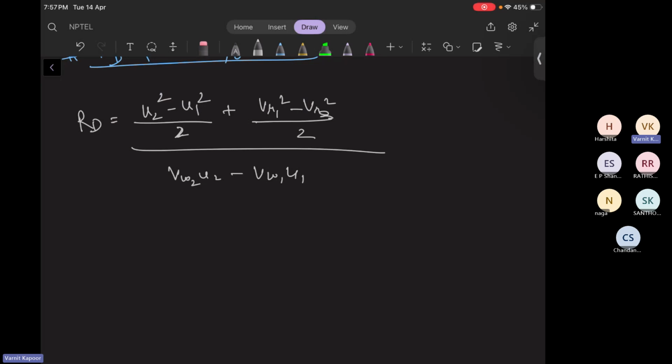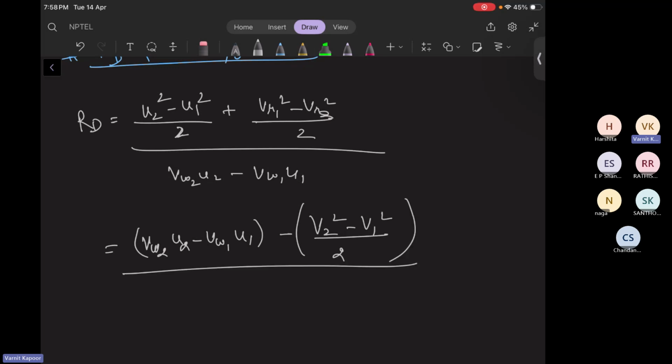So I can write this expression as: this numerator can be written as VW2 U2 minus VW1 U1 from the Euler work, minus V2 square minus V1 square by 2, to that of VW2 U2 minus VW1 U1.